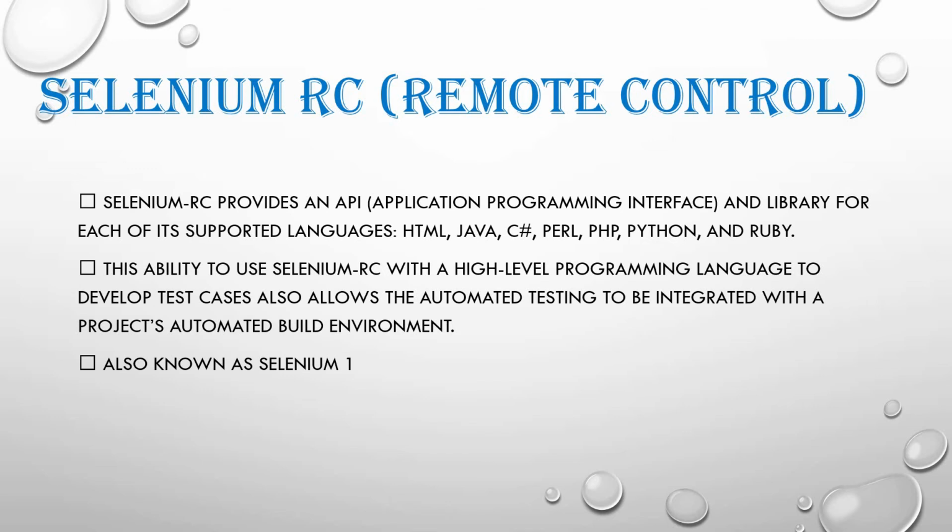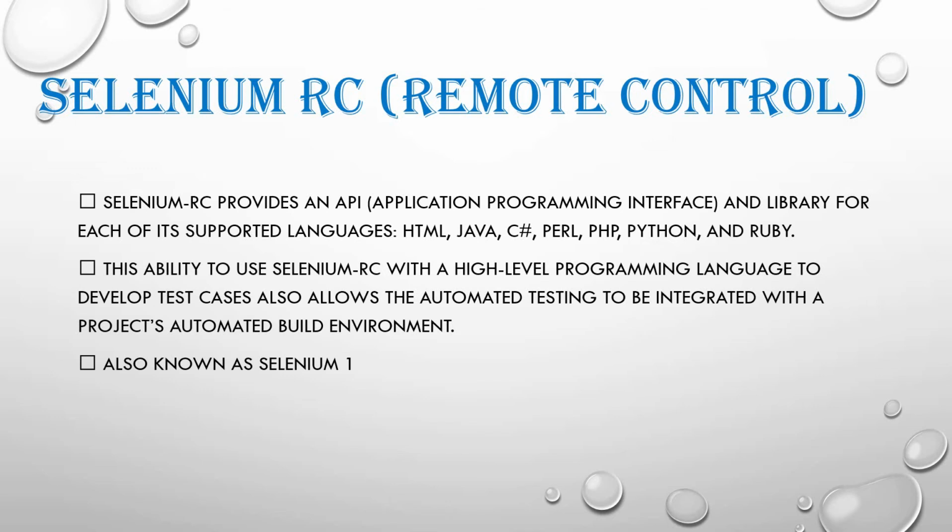Next component of Selenium is Selenium RC, that is remote control. Selenium RC provides an API, an application programming interface, and library for each of its supported language. So this ability to use Selenium RC with a high-level programming language to develop test cases also allows the automatic testing to be integrated with a project's automated build environment.